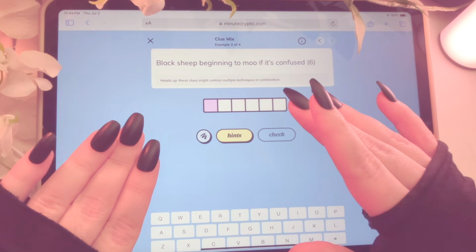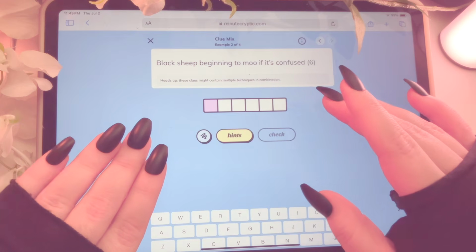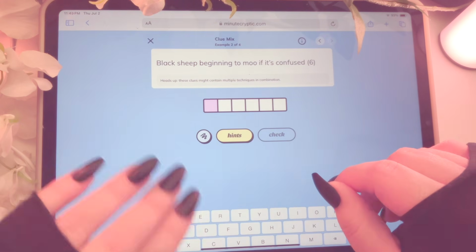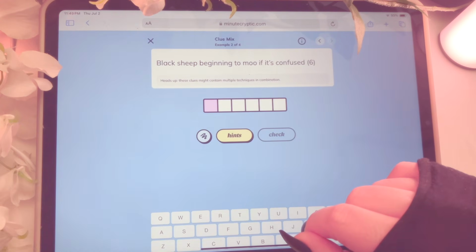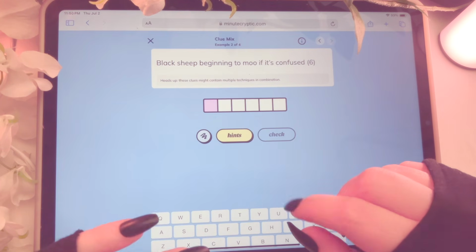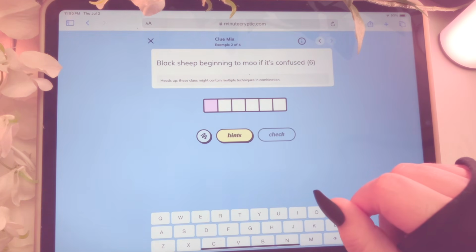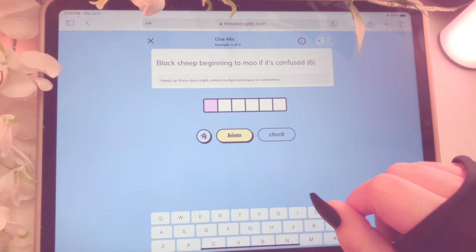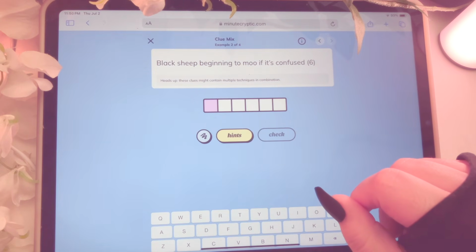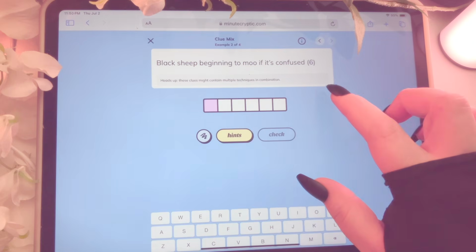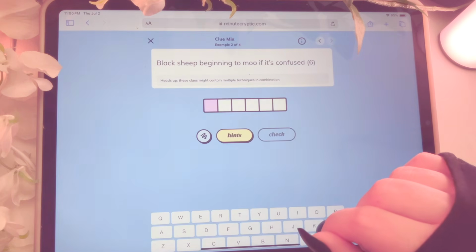Black sheep beginning to moo if it's confused. Okay. And it's 6 letters.